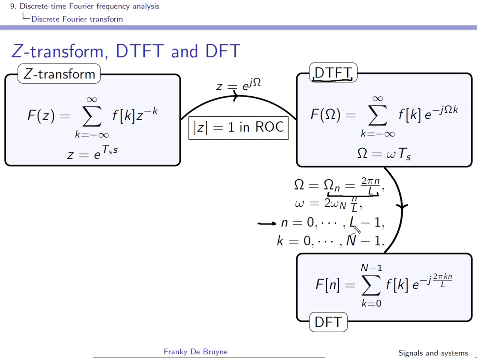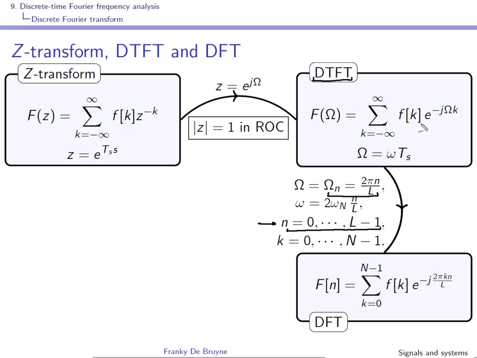Why L minus 1 and not L? Because if you take L over here, you obtain 2 pi, and this is equivalent to the discrete frequency 0. So the index n goes from 0 to L minus 1.